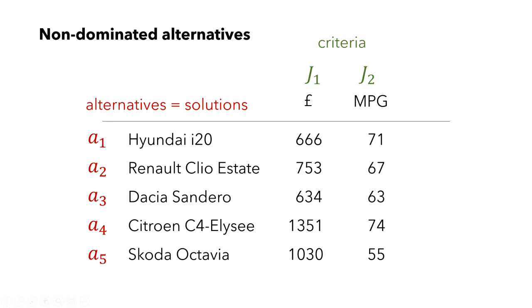I'm going to call my possible choices alternatives or solutions, A1 to A5. I'm going to call the things that I evaluate them by my criteria, J1 and J2. Clearly, I want to minimize J1, which is the price, and maximize J2, which is the miles per gallon.